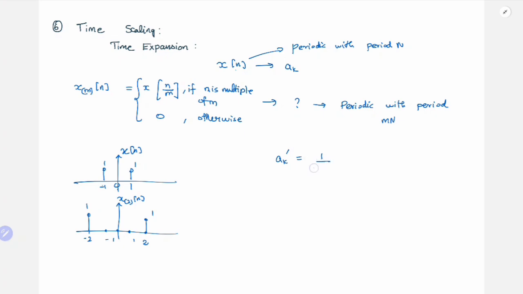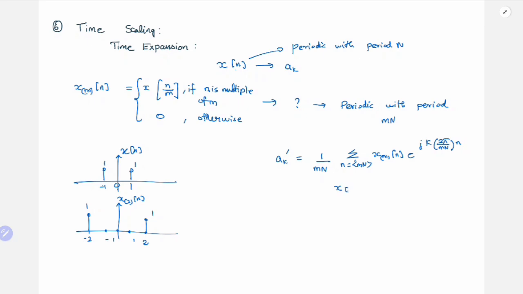Okay, so then I will have 1 by mn summation n equal to period of mn, right? And then I will have x_m of n e power j k 2 pi over mn into n, right? I have to sum over this for n.